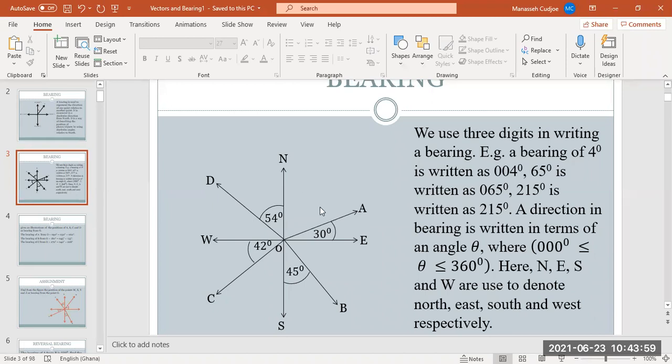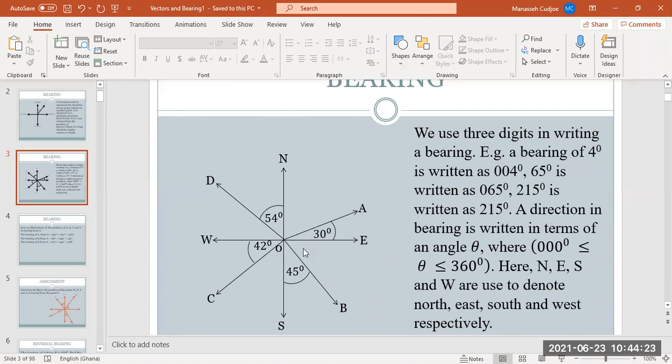So this angle over here will give me the bearing of A from O. If this is 30 degrees, then the bearing of A from O will be 60 degrees. You can see why 60 degrees, but when I'm writing out the bearing of A from O, I'll write 060 degrees.